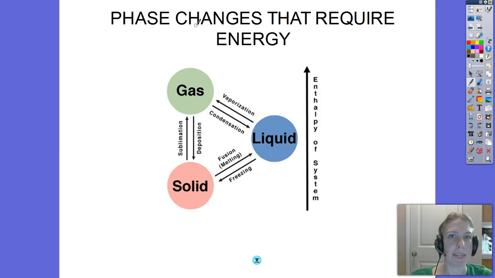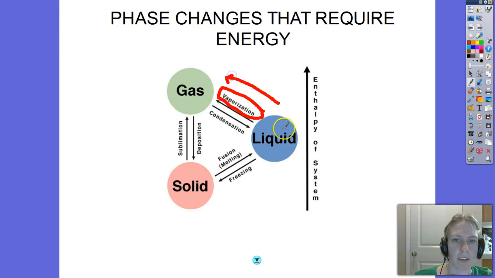So that's inputting energy to get it from a liquid to the gas that you see coming off the water when it starts to boil. This is what we call vaporization, when we're going from a liquid to a gas. So going in this direction, just like the arrow, from a liquid to a gas requires input of energy to get it to change states.